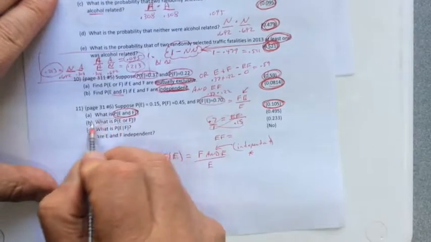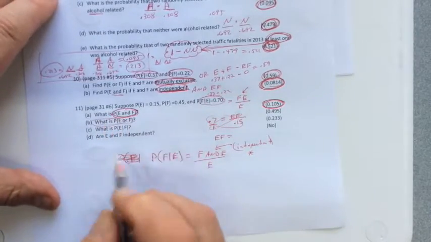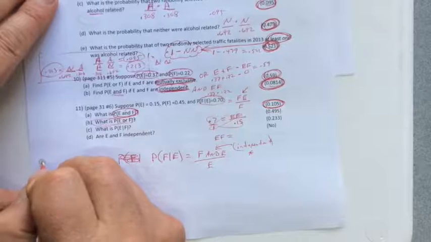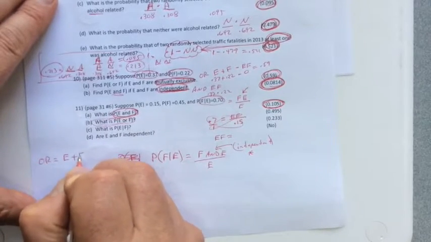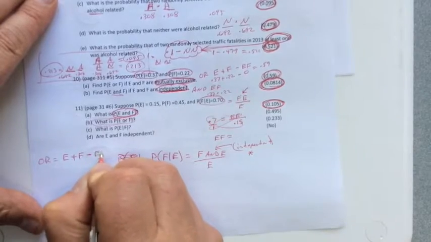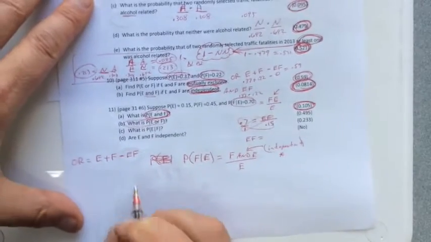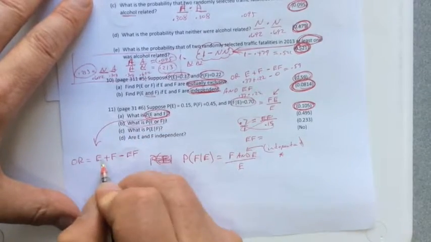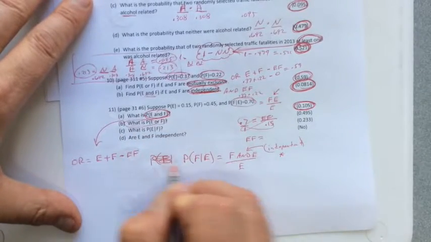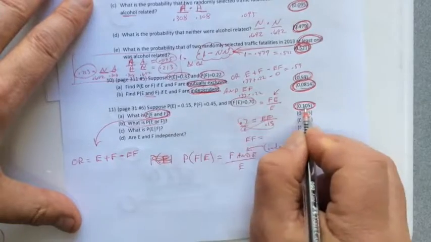Okay, E or F. It's the probability of E plus the probability of F minus E and F. So or is the first one plus the second one minus the combo. Well, we know the combo now. That's how come they had us find it.